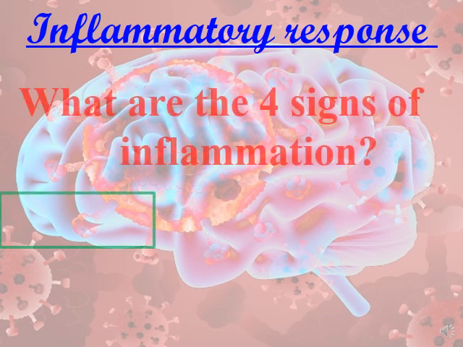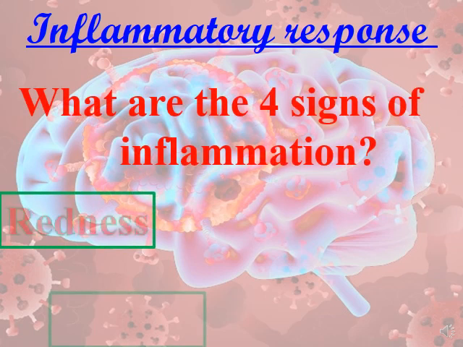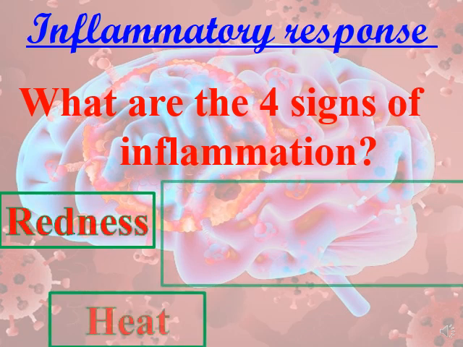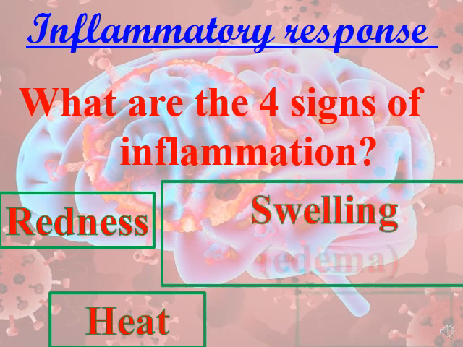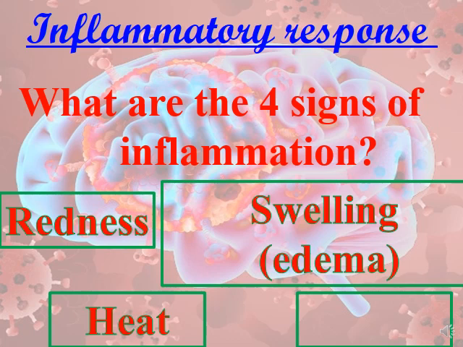We have 4 signs of inflammation. First sign is redness. Second, heat. Third, swelling, or edema. Fourth, pain. Number 1, redness: it becomes red in color.